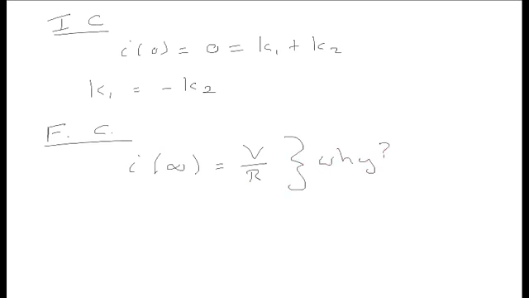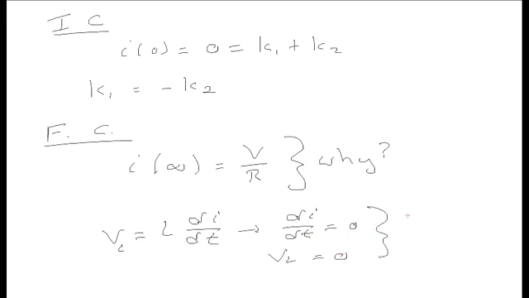Why? Let's take a look. Remember, for an inductor, the voltage is L di by dt, and remember that's the voltage on the inductor. If di by dt is 0, then VL is 0, which means our inductor acts like a wire.